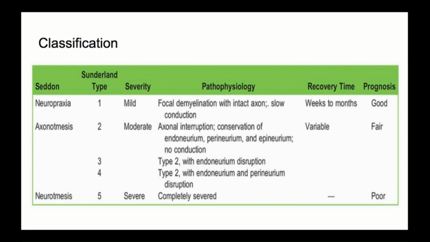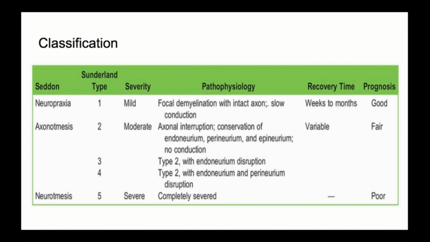However, there's conservation of the endoneurium, perineurium, and epineurium. Whereas Sunderland type 3, there's endoneurium disruption. And Sunderland type 4 is when there's endoneurium and perineurium disruption. So the recovery varies, and it is dependent on the severity and extent of the injury. And recovery can be prolonged and incomplete.